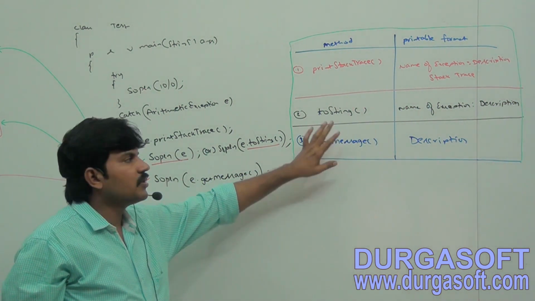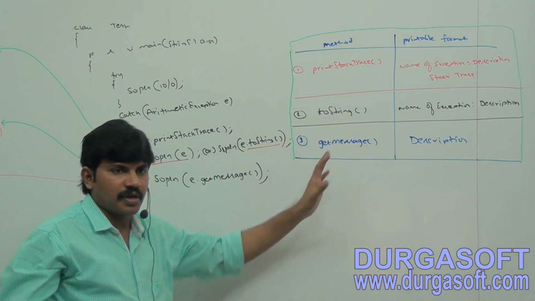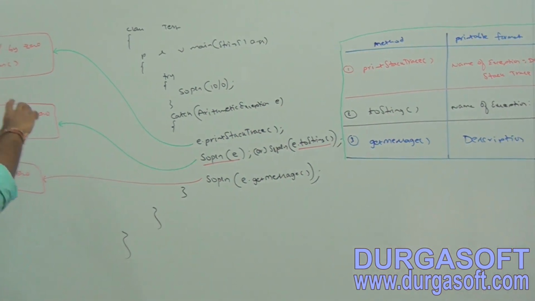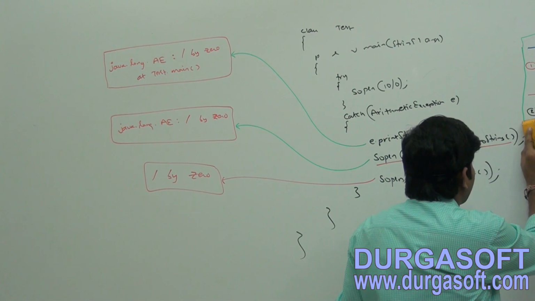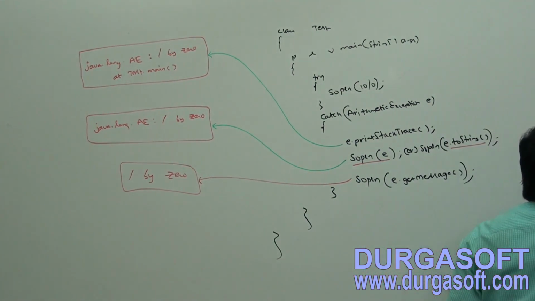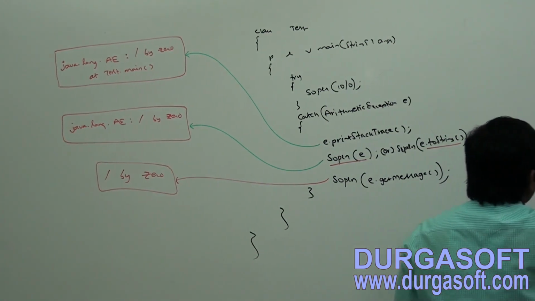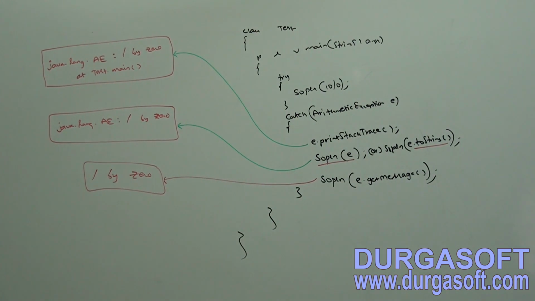So make sure these are very important things. I mean these methods we have to remember. Next, take this program and the corresponding output.